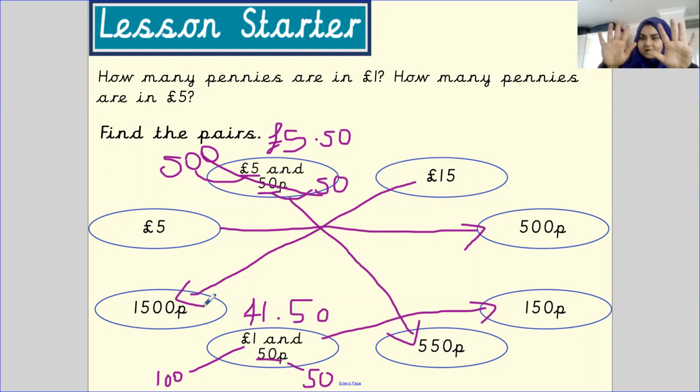Now I'm going to count in hundreds. 100, 200, 300, 400, 500, 600, 700, 800, 900, 1,000. 1,100, 1,200, 1,300, 1,400, and 1,500. So £15 has 1,500 pennies. Fantastic. Okay, if you got that all right.